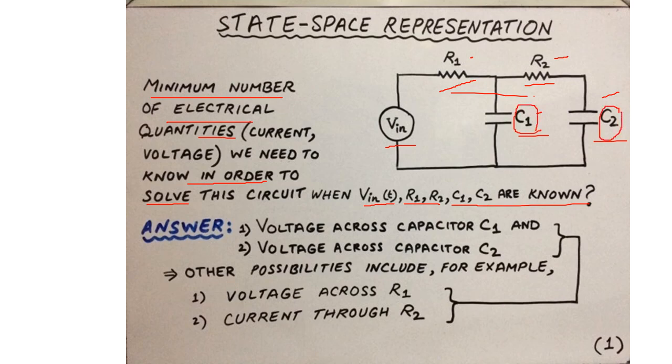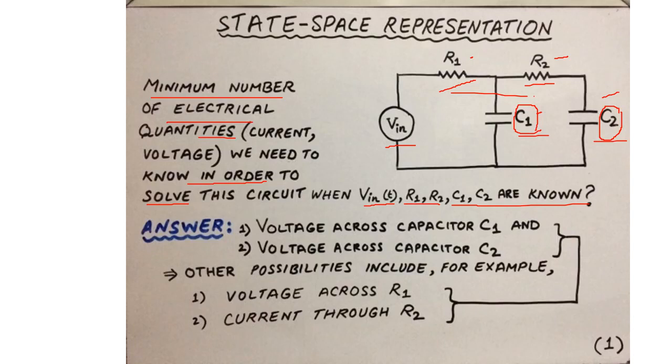Now we know that if we know the voltage across the capacitor, more specifically the voltage waveform across the capacitor, then we can integrate that waveform to get the current. So here we are really asking what is the least number of voltages and currents that we need to know so that we are able to solve this circuit.